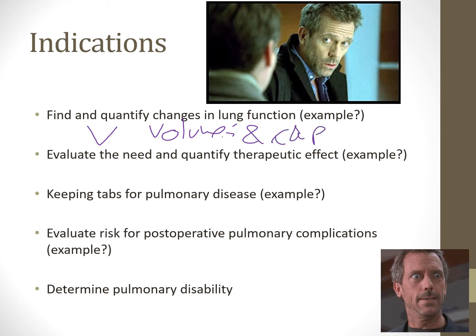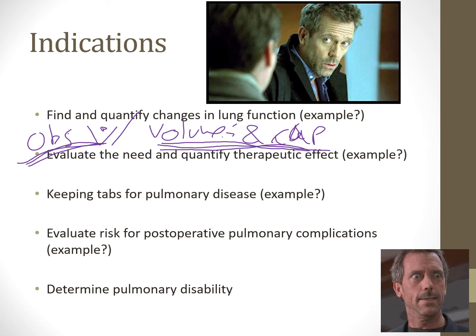So I'm going to look at their flow rates and their volumes and capacities. The flow rates tell me things like an obstruction, like they have bronchospasm going on, or emphysema going on, something's obstructing their airways. And then I can look at the volumes and capacities and see why they are dyspneic. Is something obstructing their airways, or is something restricting them, squeezing in, like a pleural effusion that's developing, that's pushing the lungs in?